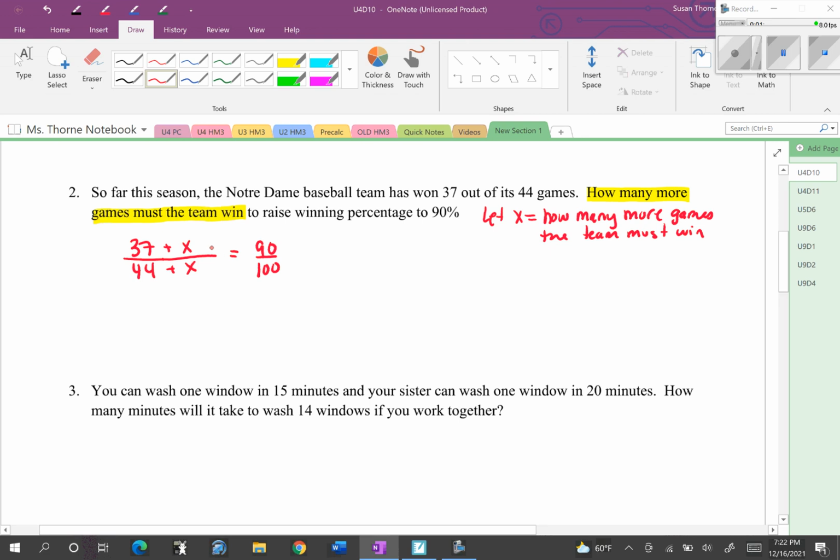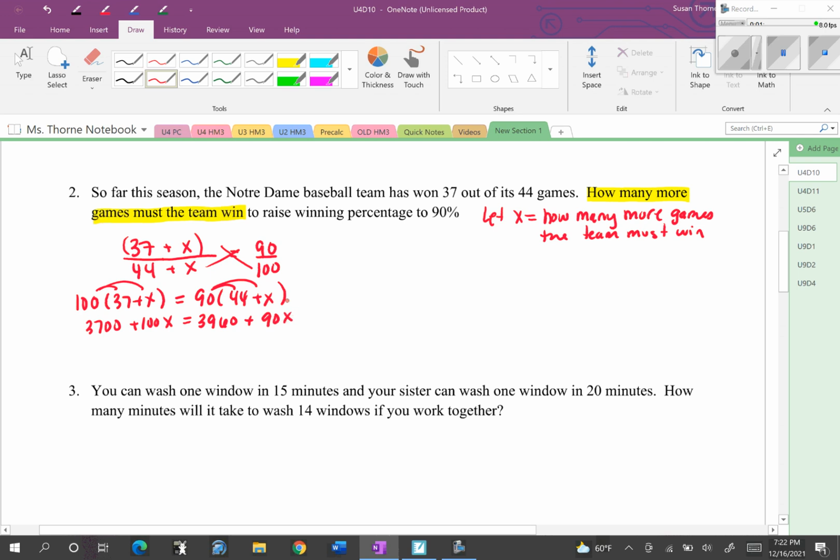So when we cross multiply, we would have 37 plus x times 100. And that is going to be equal to 90 times 44 plus x. So then when we distribute to each of our terms, we get 3,700 plus 100x equals 90 times 44 is 3,960 plus 90x.